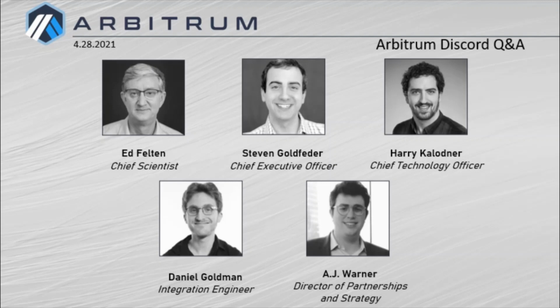Sure. Hi, everybody. I'm Ed Felten. I'm the third co-founder of Off-Chain Labs and chief scientist. And as Stephen said, I spent a good part of my career as an academic, as a professor of computer science at Princeton, and started working on cryptocurrency and blockchain research around 2013.